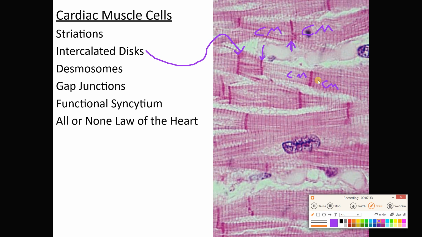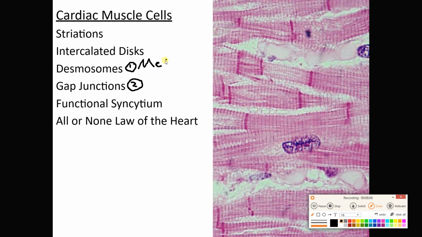Now, why do we put things in between cells? Well, a really simple and logical answer is we put things in between cells to join them together. And in fact, in my intercalated discs, I'm going to find two structures, desmosomes and gap junctions. They're both going to join cardiac muscle cells together, but they do it in different ways.